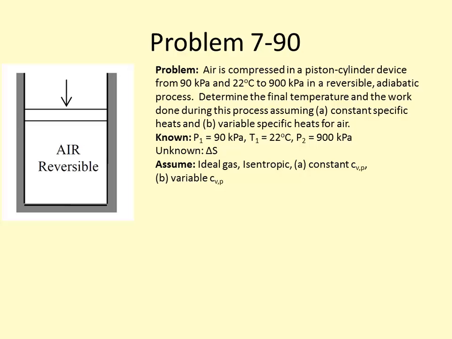We found U2 by interpolation, U1 we just looked up directly on the table. It's 408.09 minus 210.49 kilojoules per kilogram gives us 197.6 kilojoules per kilogram.